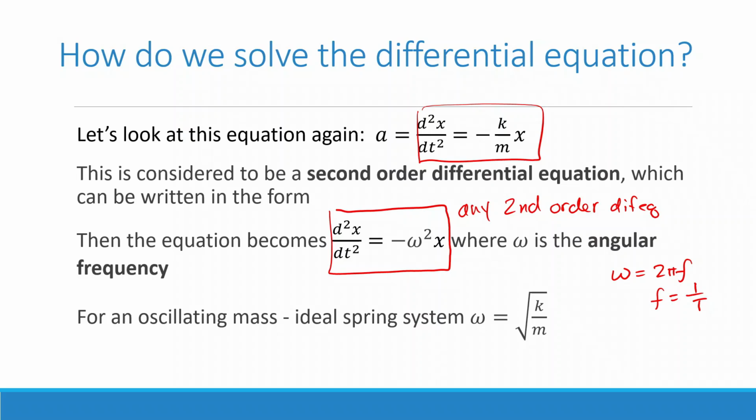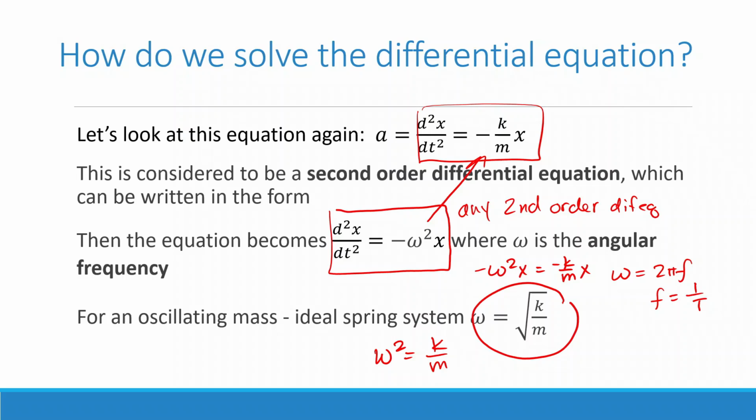So our d squared x over dt squared is equal to negative omega squared x. If we compare those, we get that negative omega squared x is equal to negative k over m times x. So that tells us that omega squared has to equal k over m, and therefore omega is equal to the square root of k over m.